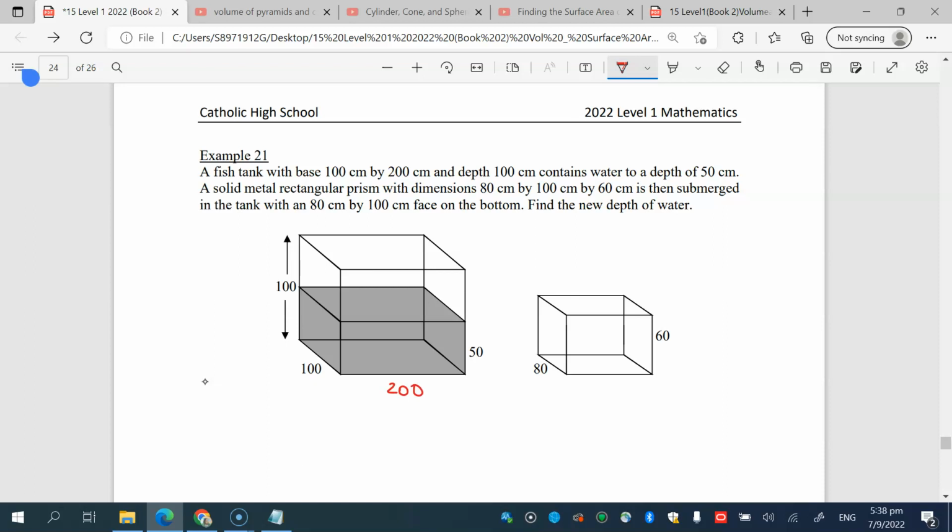Okay, and the height is 100, and then the depth of the water is 50. A solid metal rectangular prism with dimensions 80 by 100 by 60 is then submerged in the tank with an 80 by 100 face on the bottom. Find the new depth of water.